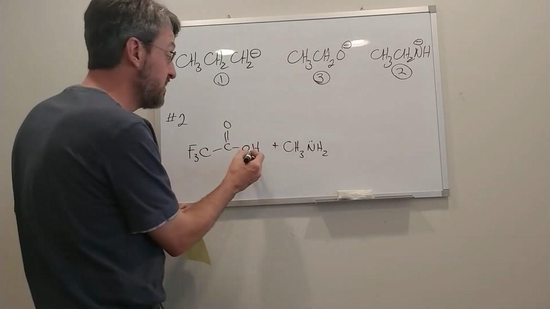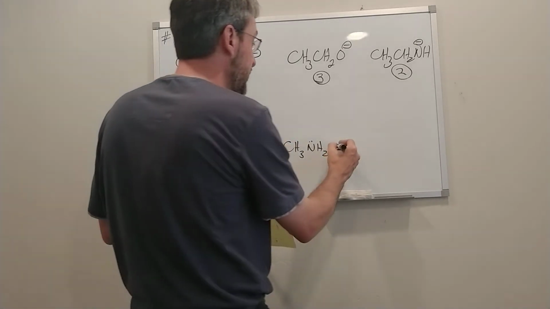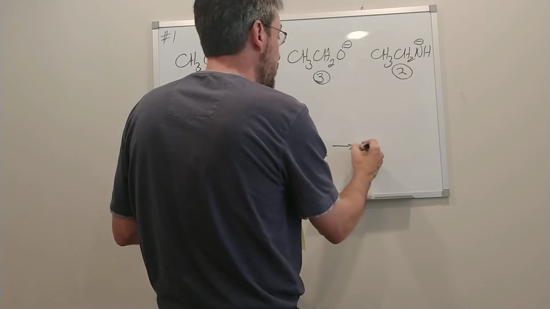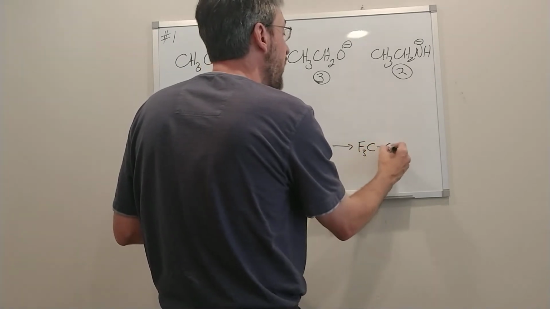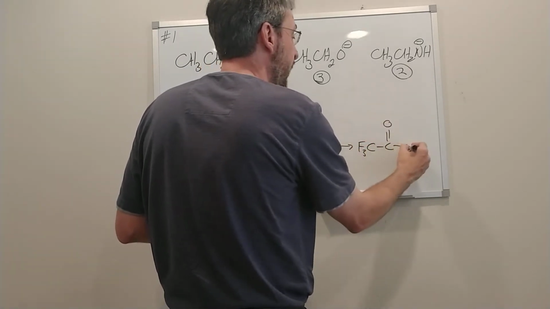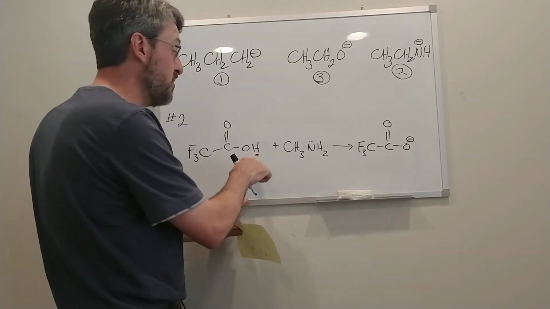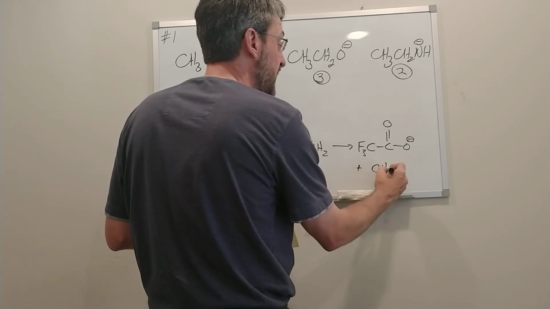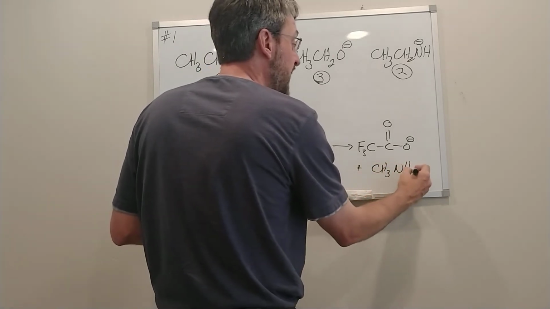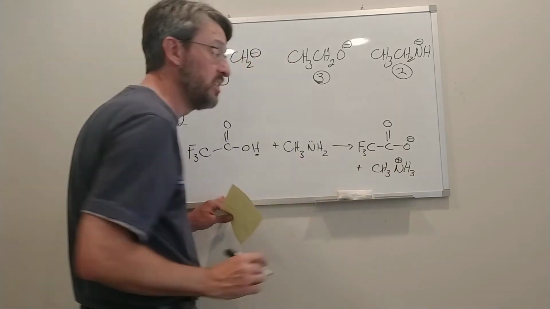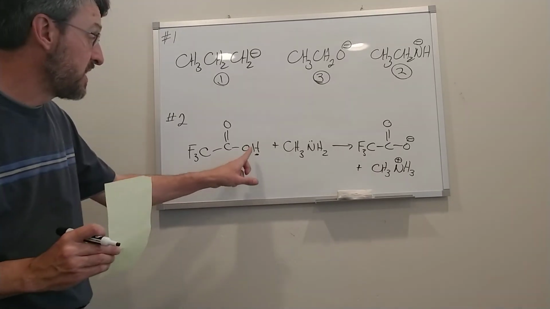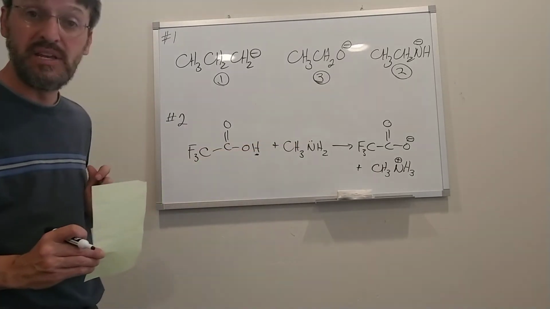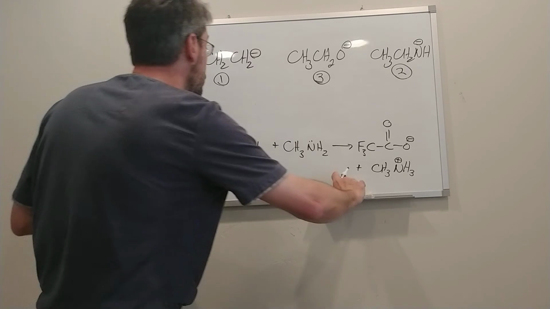So again, we're transferring the H from the acid to the base. So what we end up with is trifluoroacetate. Okay, so we've removed the H from there. And now that gets transferred to here, so we have CH3NH3, and now this is positively charged. So this H plus got transferred from here to the nitrogen. Okay, so that was the first one.